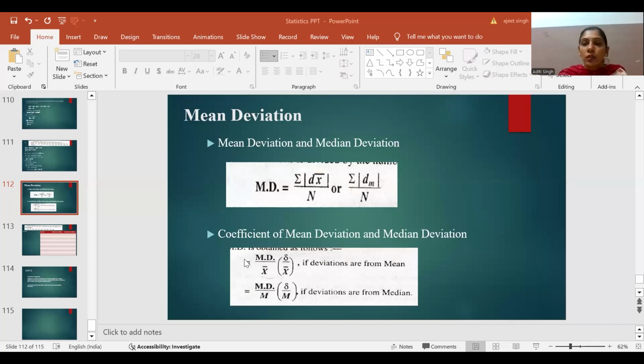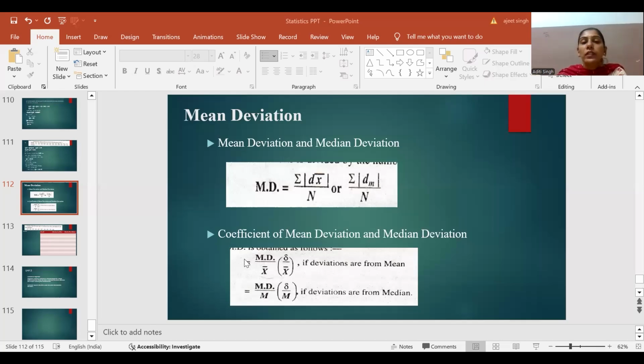First, we have to calculate the mean and the median, and on the basis of the average, mean or median, we calculate the mean deviation.